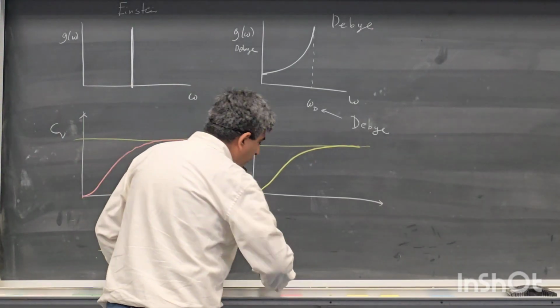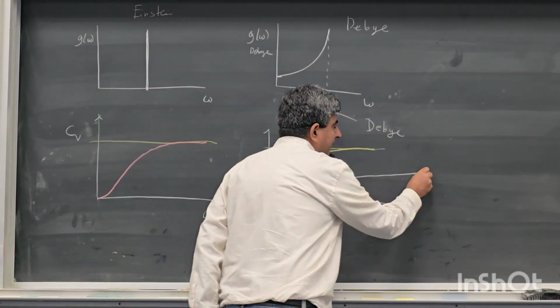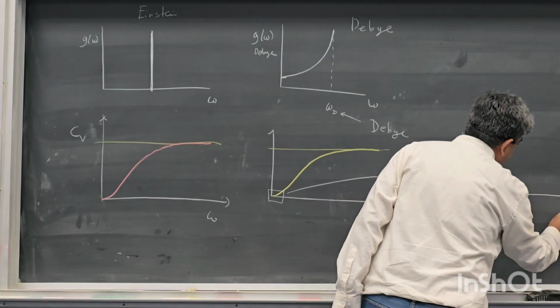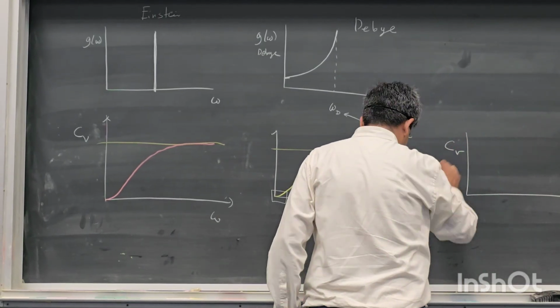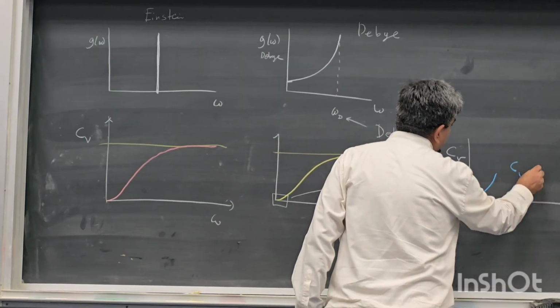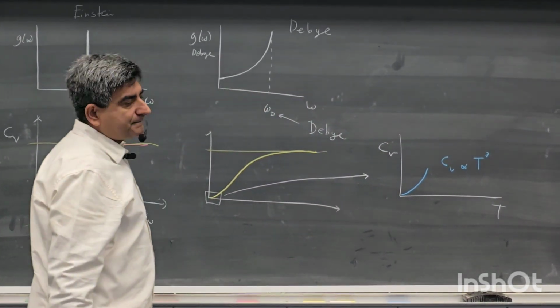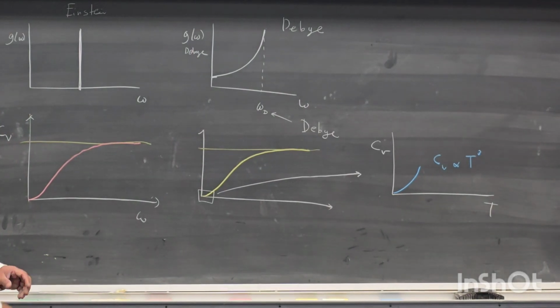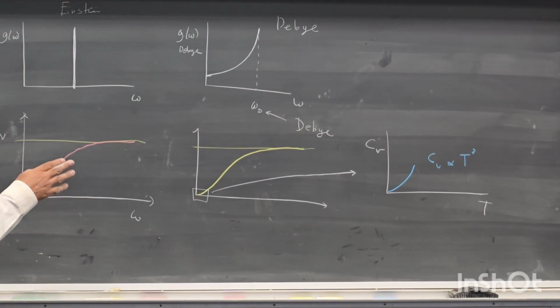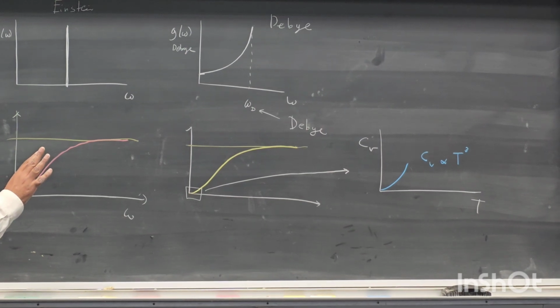In the extremely low temperature regime, if I zoom in on this, this is my T, this is my CV, I will get an approximately cubic relationship with respect to T. But this temperature can be extremely small, almost of the order of 1 Kelvin.